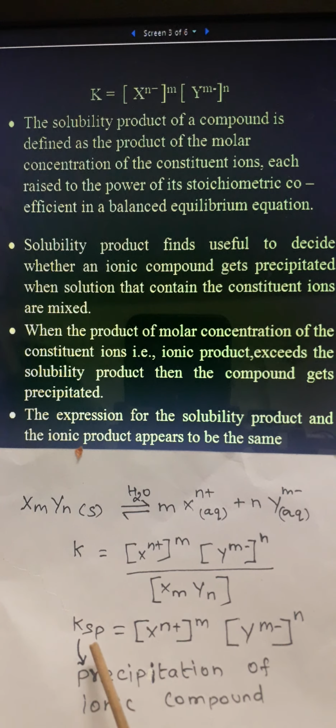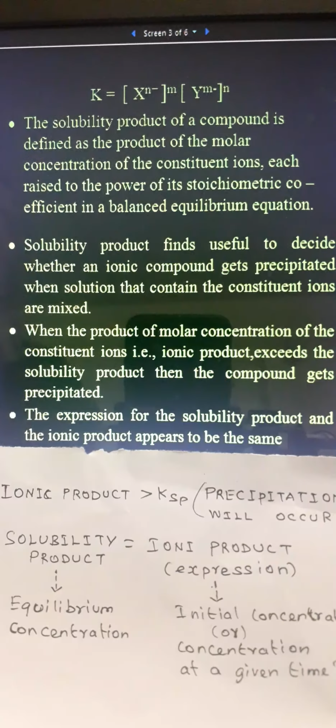This solubility product is used to find out precipitation of an ionic compound. If the ionic product is greater than the solubility product, precipitation will occur.